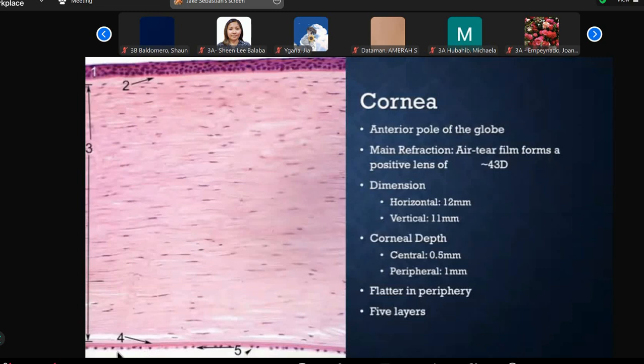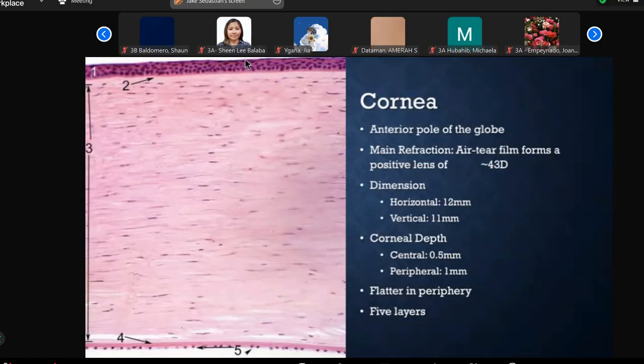And then the monolayer, the single cell layer here, number 5, is the endothelium. The basement membrane has its own basal epithelial basement membrane.